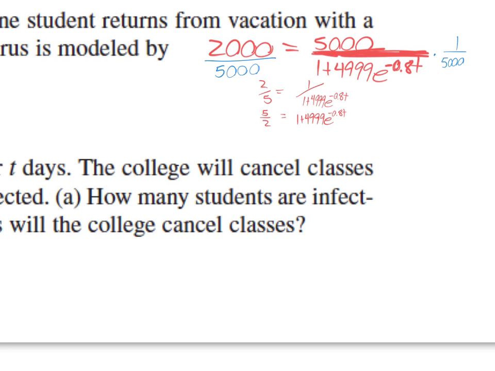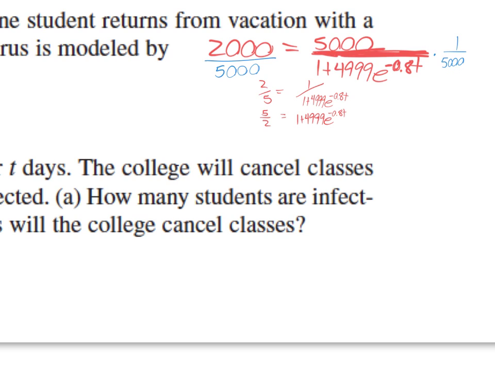Could you add that 1 and the 49.99 and make it 5,000? No, because the 49.99 is being multiplied by the e. It's just like 1 plus 49.99x. You can't combine those because of the order of operations.